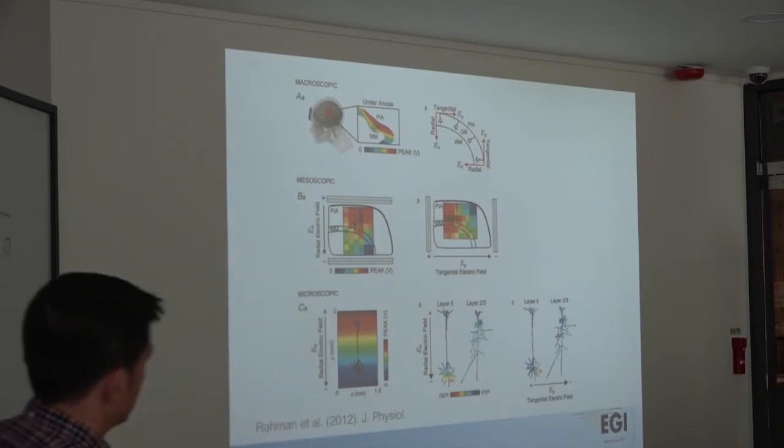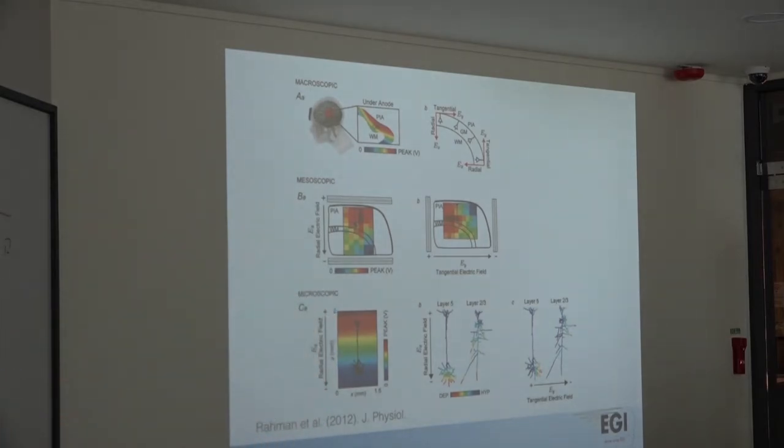Remember, so now we're talking about layer 1 up here, right? Layer 1. And if we pass cathodal current through, what's happening at layer 1? Layer 1 becomes depolarized, right? Everybody follow so far? Okay?